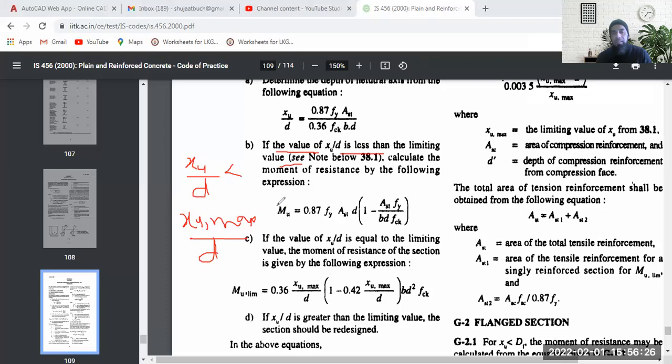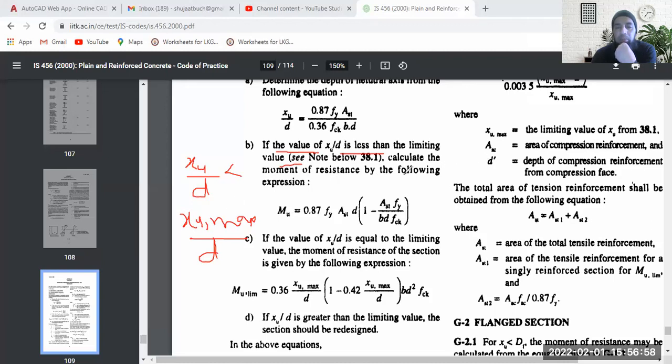We studied this in the last class. None of you knows what was XU max? XU max we calculated for when it was a balanced section. For an under reinforced section, XU will be less than XU max. I told you this last time. So when XU by D is less than XU max by D, this is what the meaning of this is.